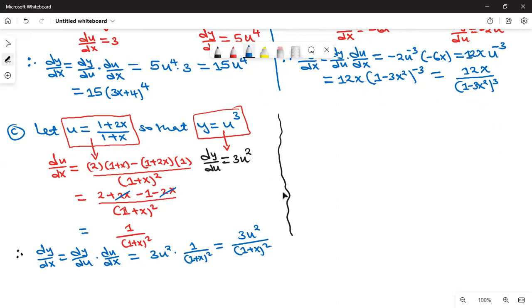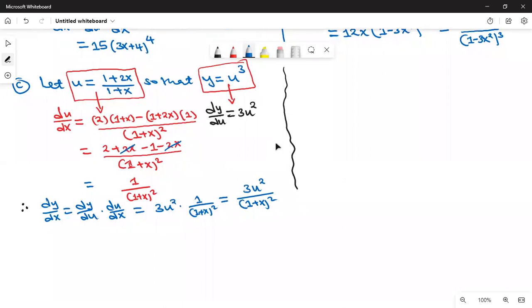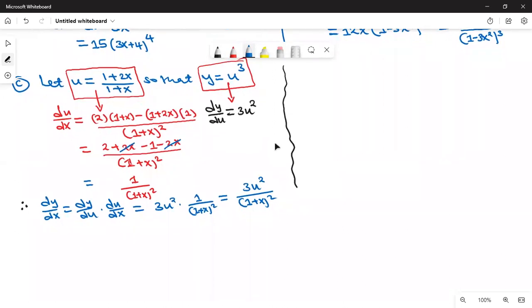So remember, you must replace u. In place of u, we are going to write what we have. Let me leave it the way it is. So we need to replace u. Remember, this is 3 times, our u was (1 plus 2x) over (1 plus x), this is u squared, times 1 over (1 plus x) squared.